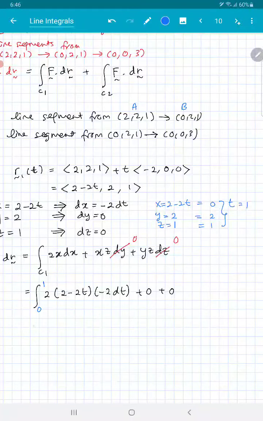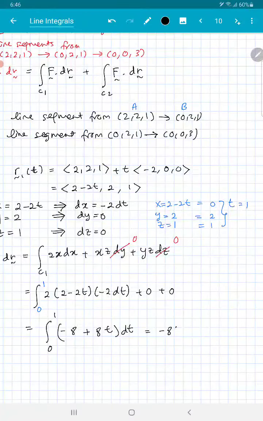Okay, now let's simplify this. The first term will give you 2 times 2 times negative 2, which is negative 8. And the second term is going to be positive 8t. We're going to integrate this with respect to t from 0 to 1.